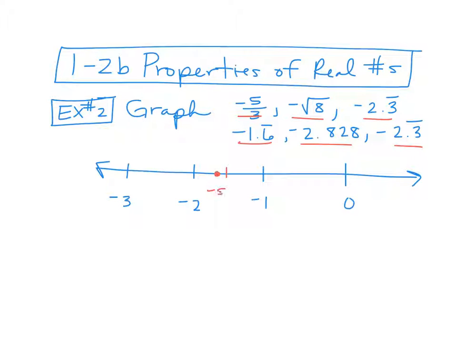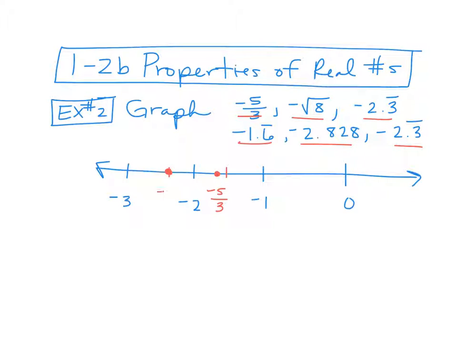So that's -5/3, okay? What's the next biggest? -2.3 repeating, okay? 0.3 repeating is a third. So you're going a third of the way between the -2 and the -3. So somewhere around here, you would put a point there.